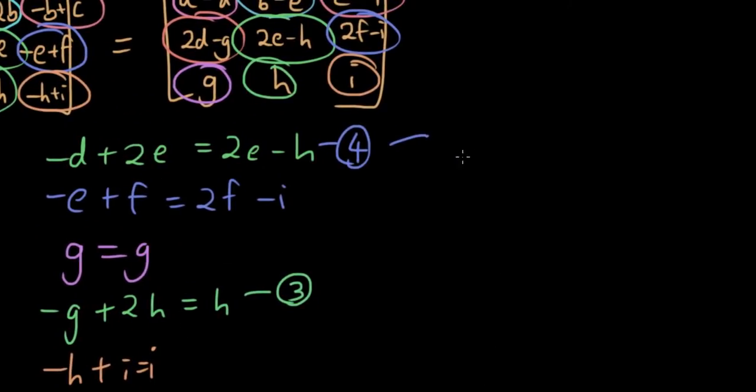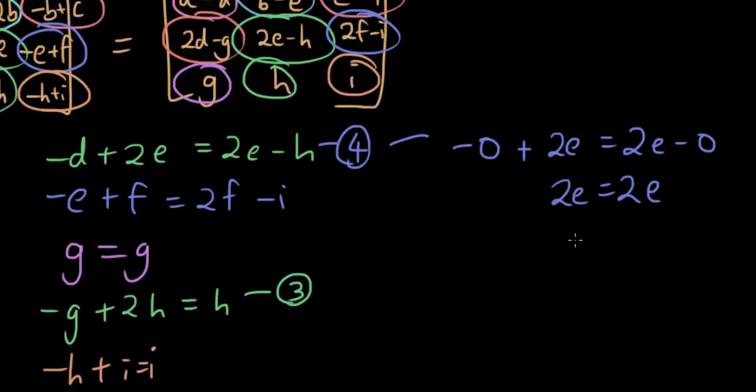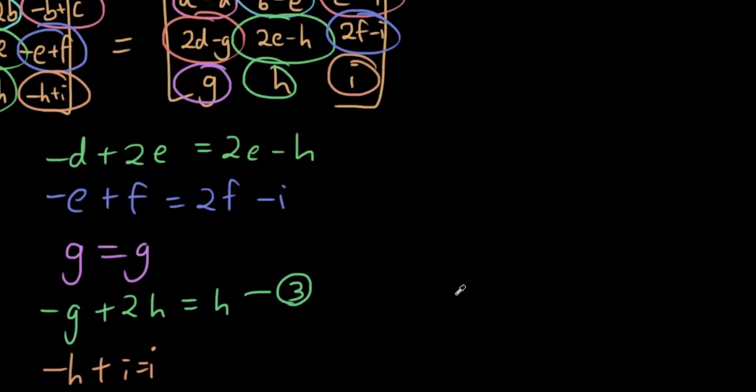So then it becomes negative 0 plus 2e equals 2e minus 0. So 2e equals 2e. Well, that's useless. So forget that. Let's not do equation 4 yet.